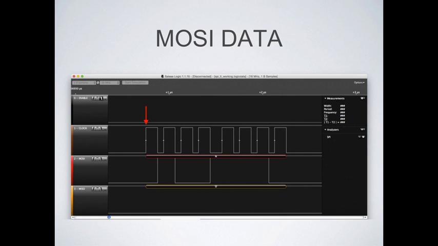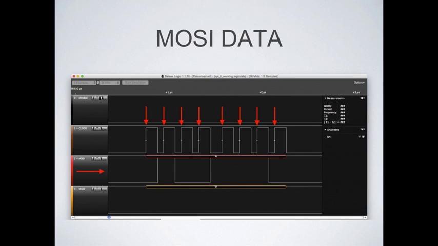So when our clock goes, we sample at the leading edge, the very first peak. We're going to have 1, 2, 3, 4, 5, 6, 7, 8, which goes back to the fact that we were transferring 8 bits of data per transfer.